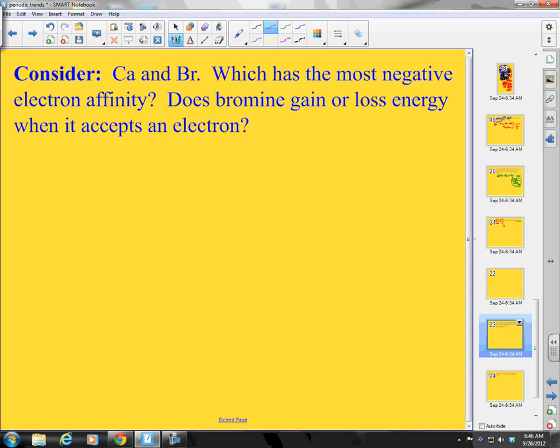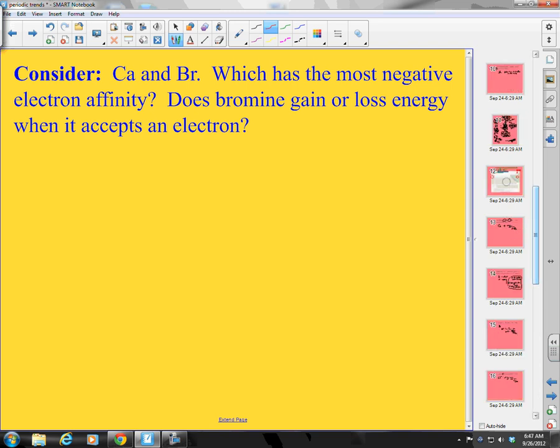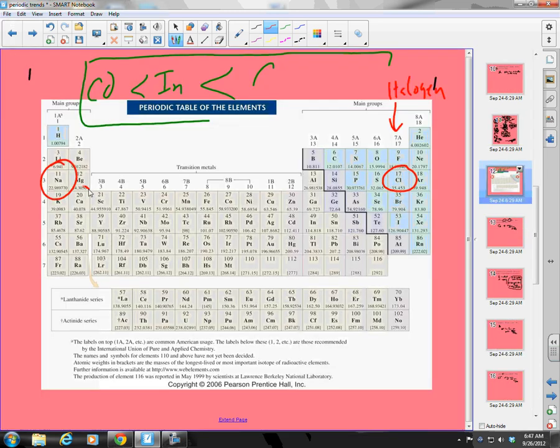All right. Let's see if you guys can handle this one. Pause me and bring me back when you have an answer. Okay, let's go to our periodic table. We're going to find calcium and bromine. Here's calcium. Bromine's here, right under chlorine. If it's right under chlorine, according to the periodic law, it should have similar properties.